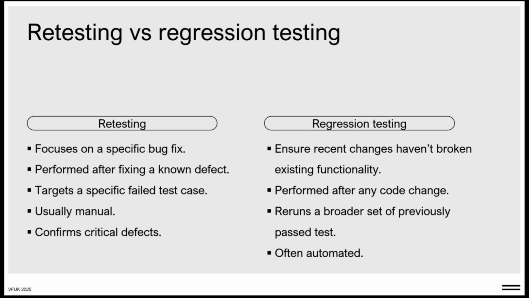Regression testing, on the other hand, is broader. It checks that other parts of the design still work after changes by running a broader set of test cases. Regression testing is often automated and done continuously. Both testing approaches are important, but they serve different purposes.